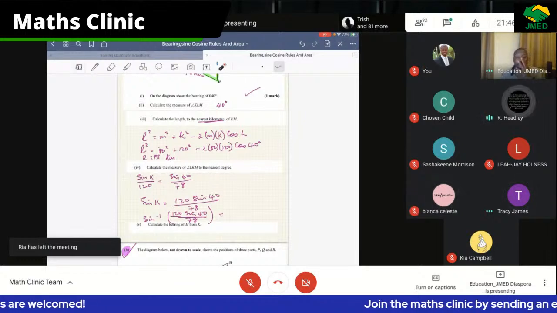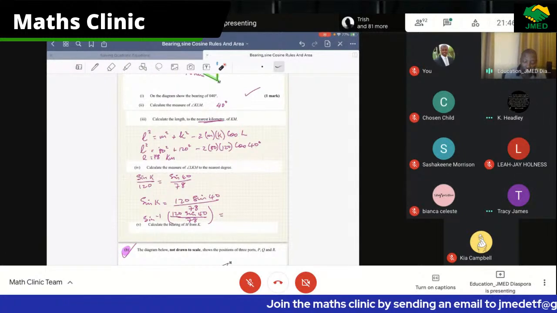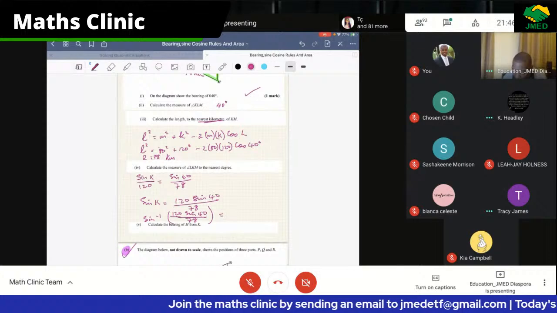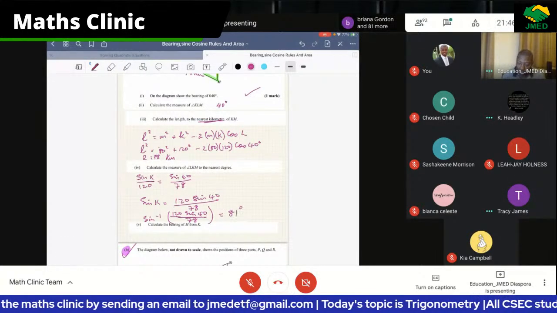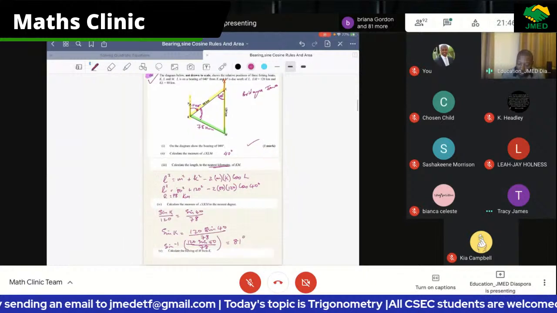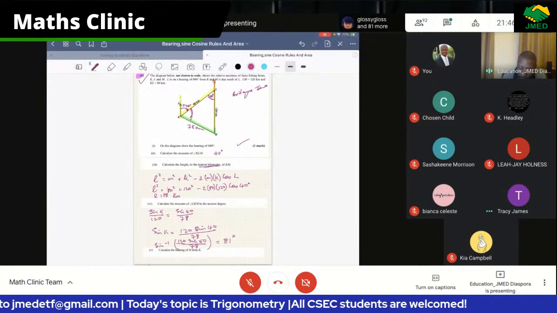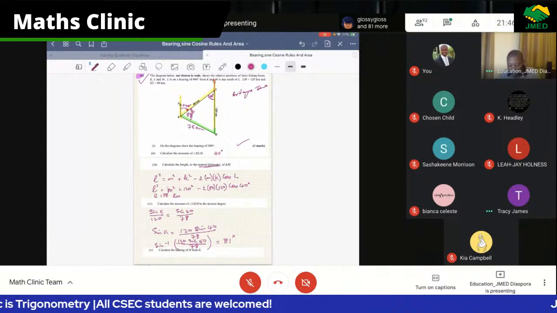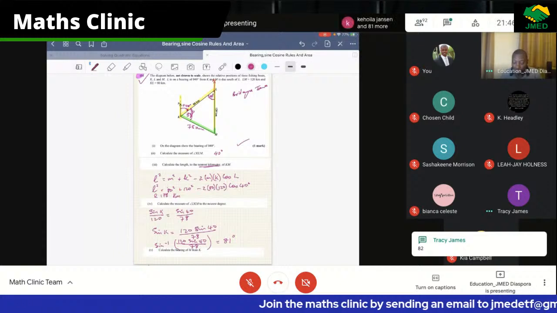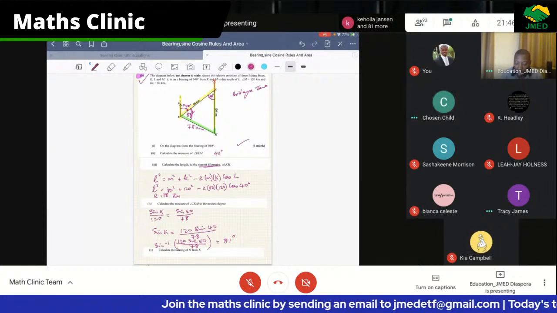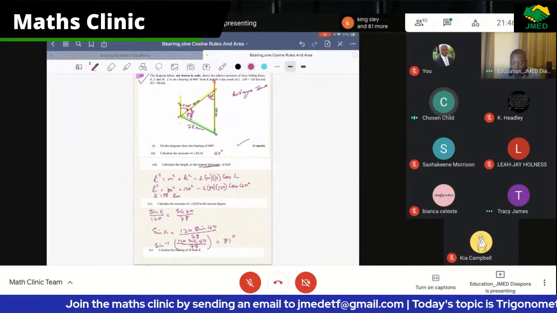Okay. So I got 81 degrees. So you're saying that this angle here is 81 degrees. Now it says calculate the bearing of M from K. When I round it off, I get 82.